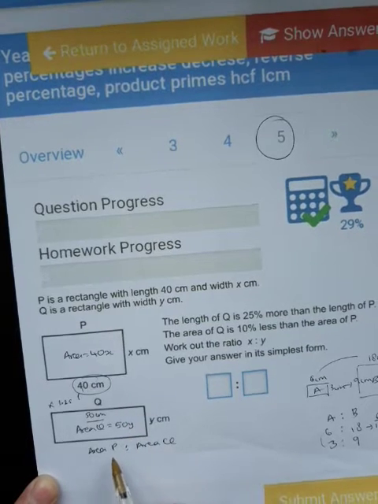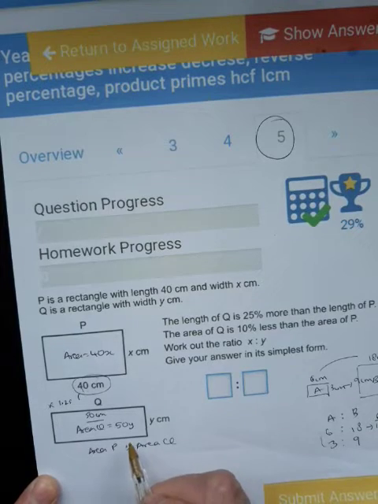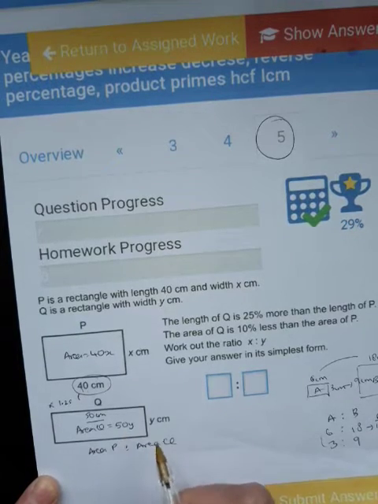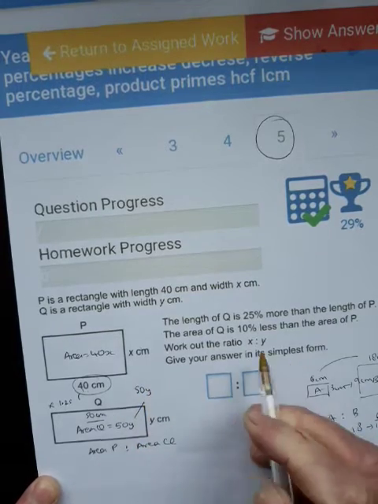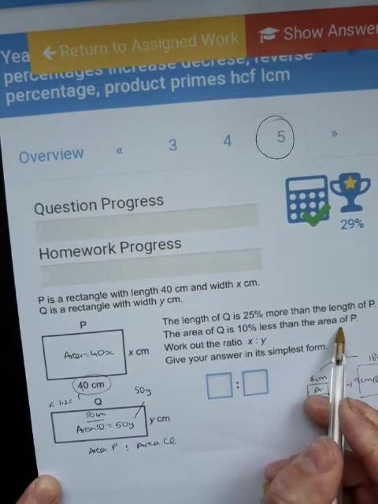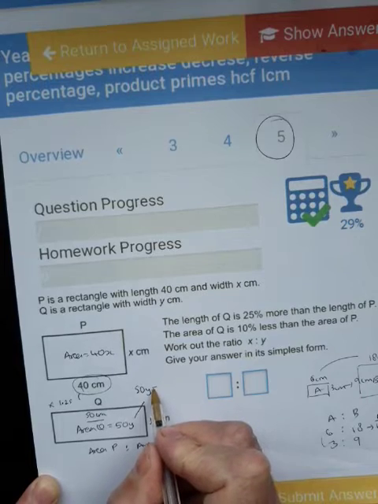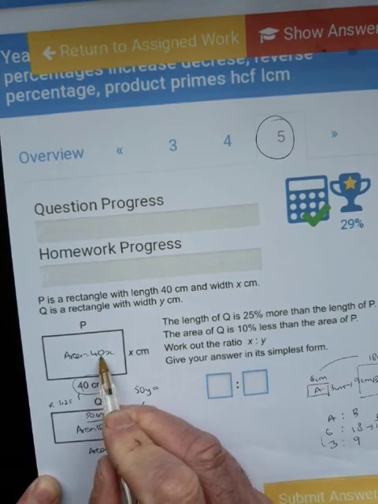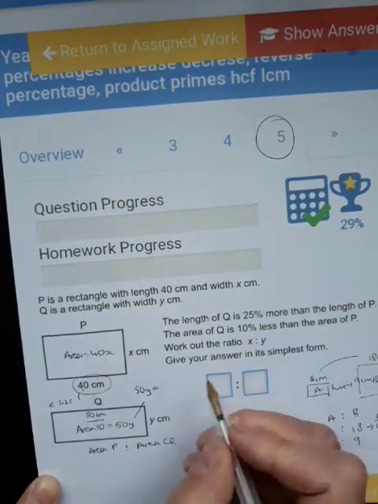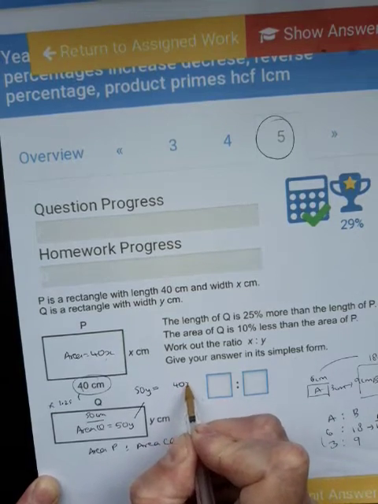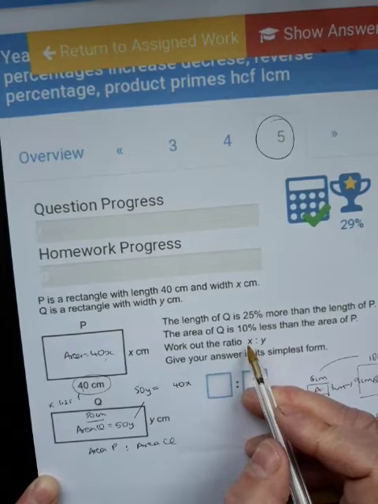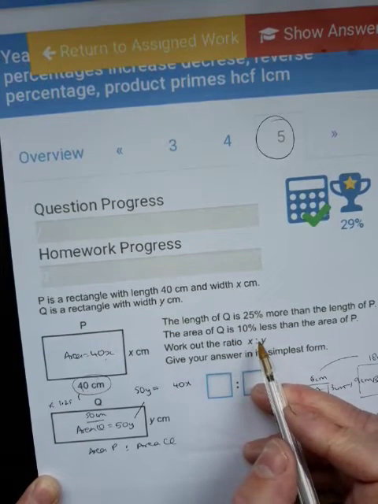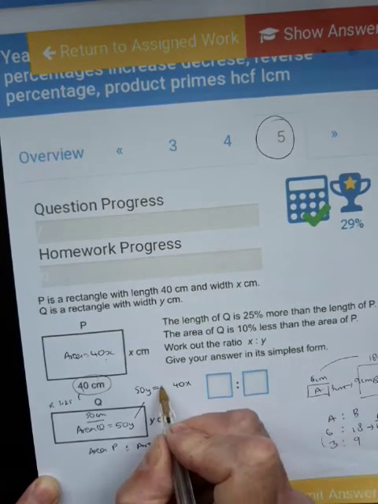It would be 50y is what we've actually got for the area of Q. We know that 50y has to be 10% less than the area of P. So it must be equal to 10% less than that. So something times 40x, well, if we reduce by 10%, 100% to start with, reduce by 10%, we're now at 90%, which as a decimal is 0.9.